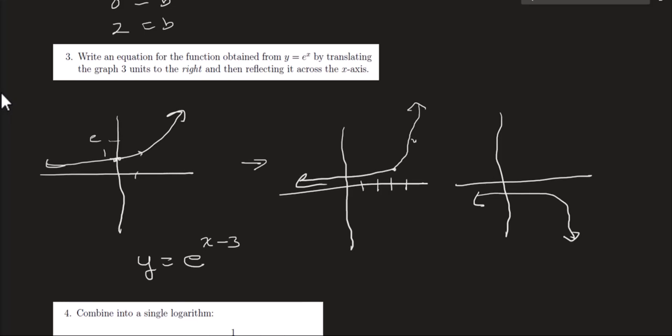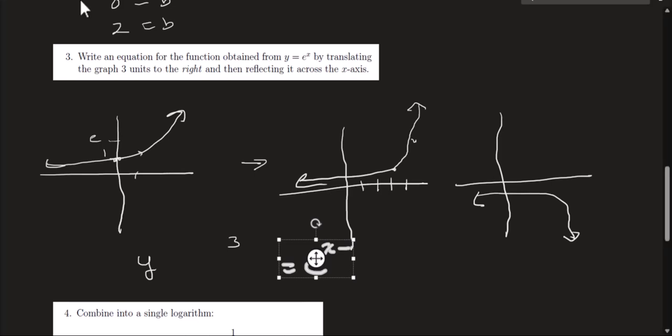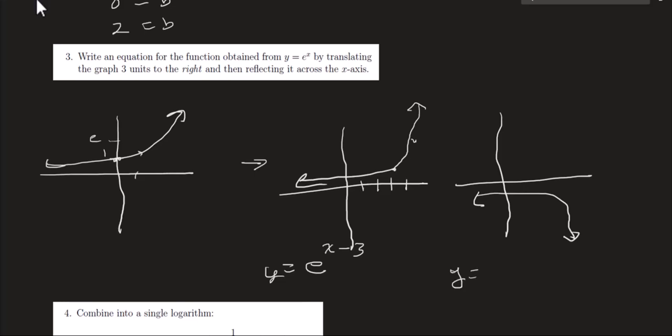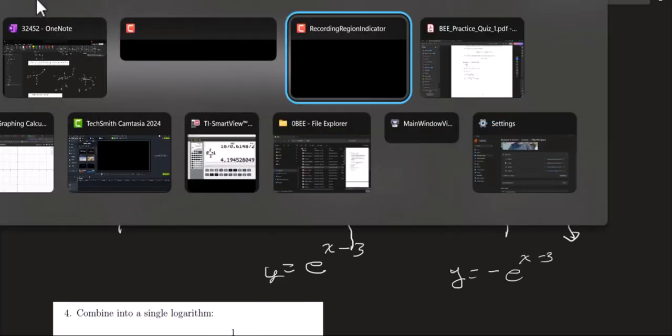And then to reflect it, well, actually, let me put that here. Y equals e to the x minus 3, and then to reflect it about the x-axis, it's minus e to the x minus 3. Now I want to show you something.